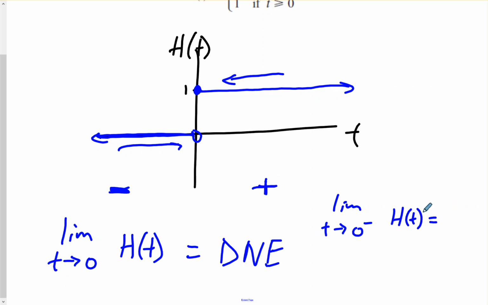This will be equal to 0. The limit as t approaches 0 from the right of our function will be equal to 1. And because those two limits do not agree, the limit as t approaches 0 for our function does not exist.